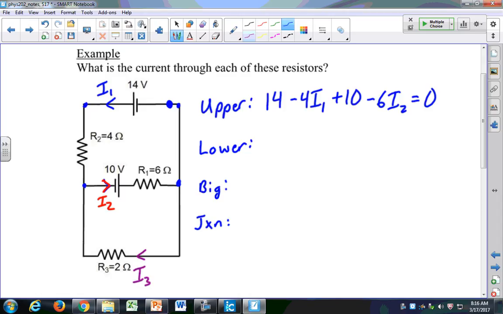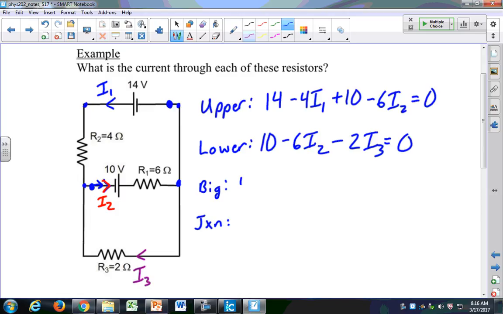For the lower loop, let's start right here, and I'll go in this direction. I get plus 10 minus 6I2 minus 2I3 equals 0. Notice that I'm watching my subscripts: when I'm in this part of the circuit, I use I3.